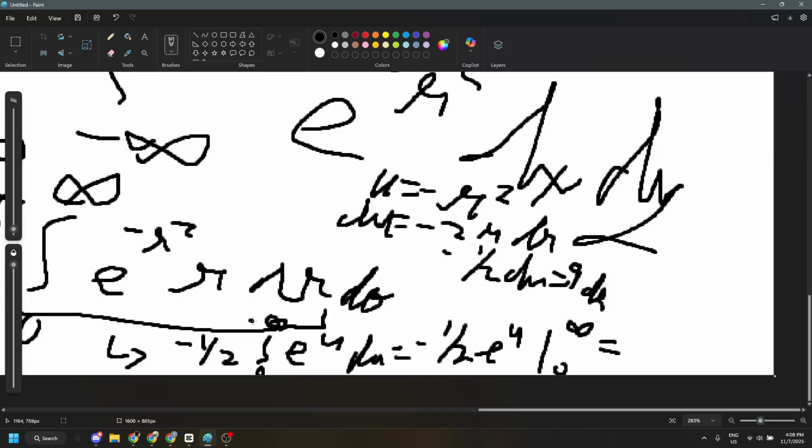I see what I did wrong. The bound goes to negative infinity, because infinity squared is infinity, and making that negative gives negative infinity. e to the negative infinity is 0, and then minus e to the 0, which is 1. So minus 1 times negative 1/2, so just 1/2.